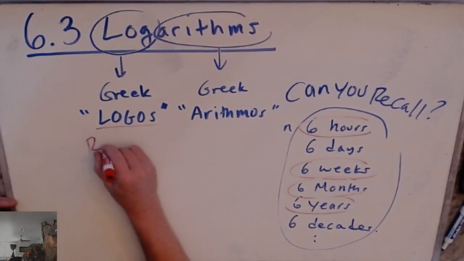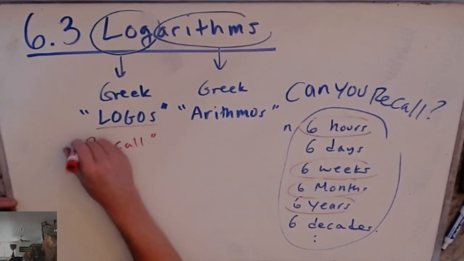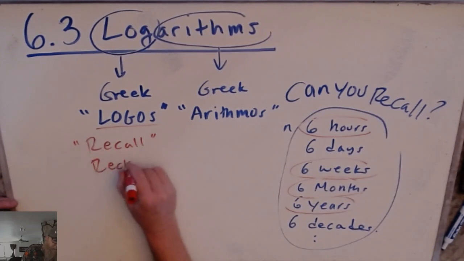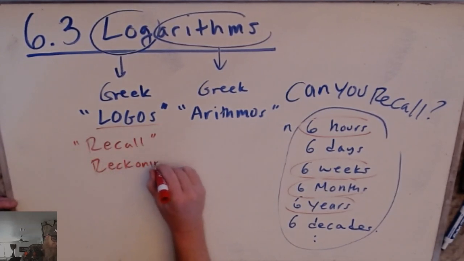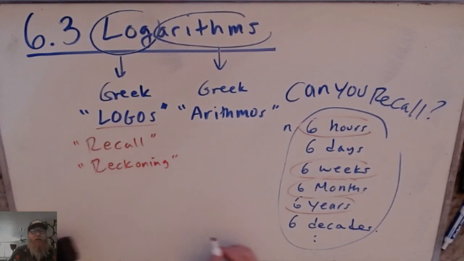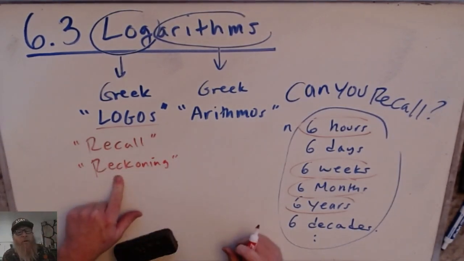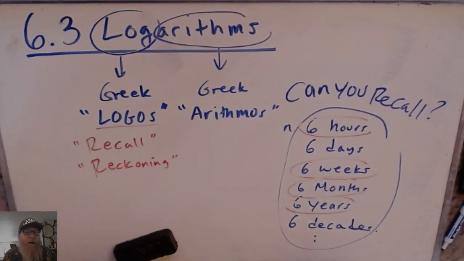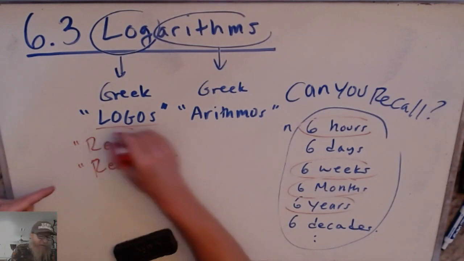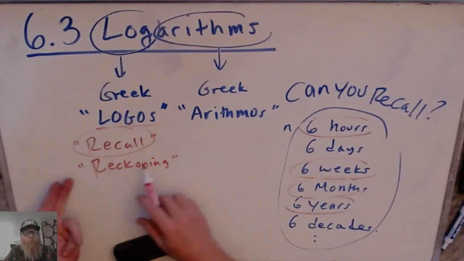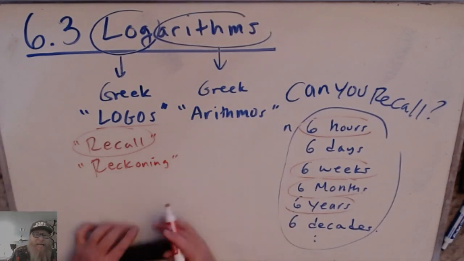Logos means to recall or to reckon. We don't typically talk like this too much anymore, especially here in California, but my grandfather used to say, I reckon. Yeah, I reckon back in 1932, when we was in the Great Depression, I reckon, right? But now we just say things like recall, but it really means to reckon or to recognize.